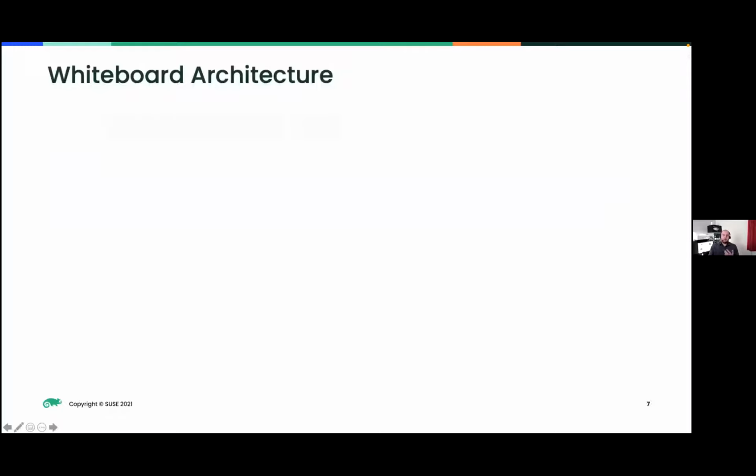Now, if we have a quick whiteboard architecture of what a Kubernetes management platform such as SUSE Rancher looks like within your overall Kubernetes estate, SUSE Rancher can be deployed on any Kubernetes cluster of your choice. It runs on top of Kubernetes to gain those high availability benefits and infrastructure benefits that Kubernetes brings.